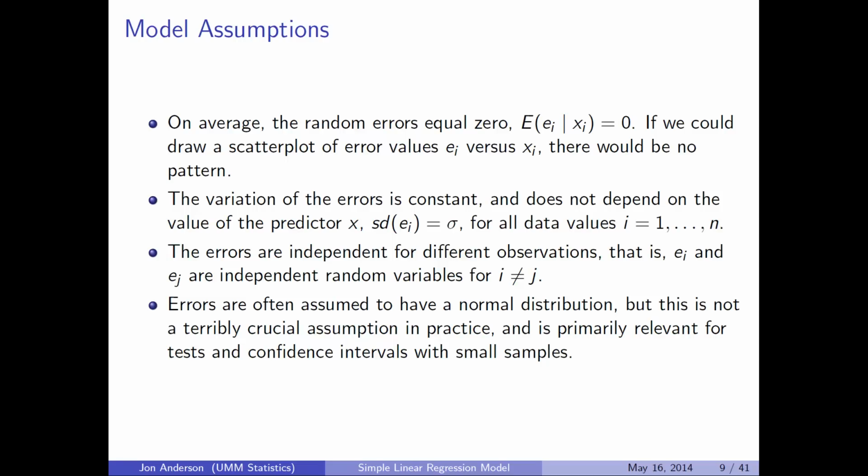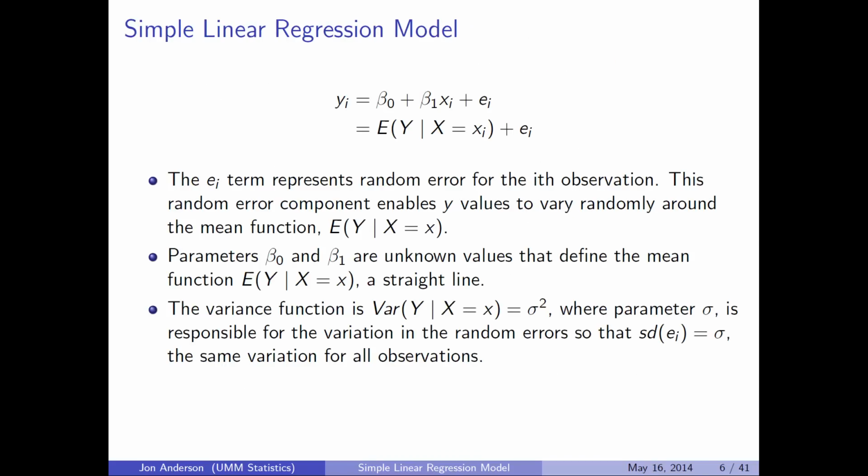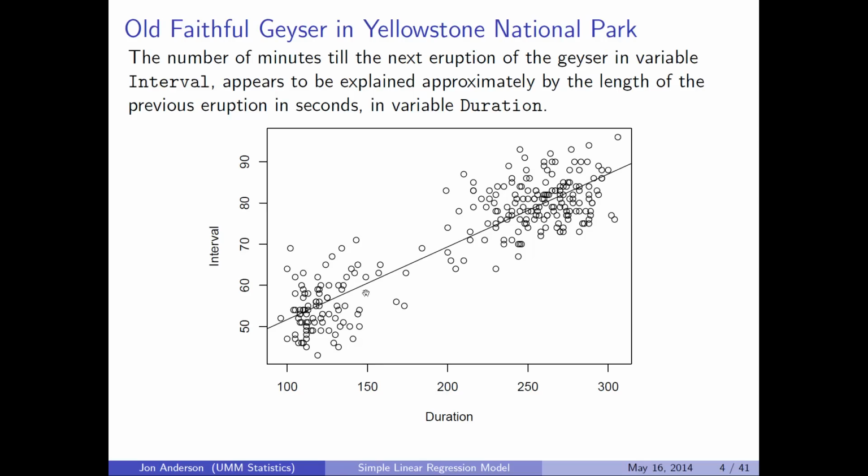So to review, we have a simple linear regression model that tries to help us understand how a scatter plot like the Old Faithful geyser can appear the way it does. Basically what we say is that underneath this scatter of points there was some underlying straight line that exists, and then there is random variation above and below that straight line that makes these points arrive the way they do.